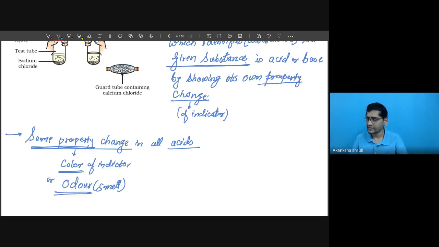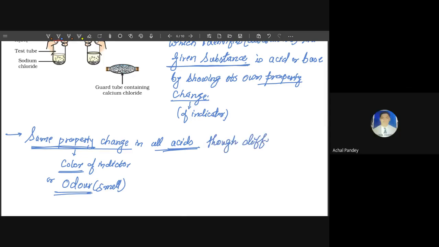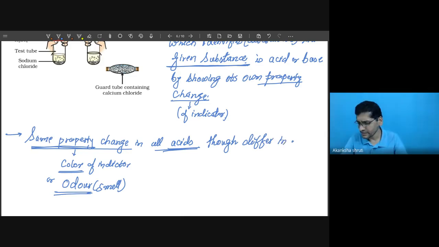So the color change will be the same for all acids, though it will differ in base. Yes, tell me.